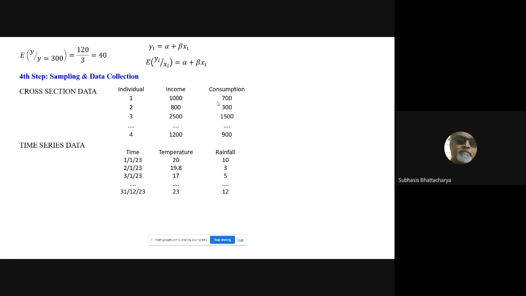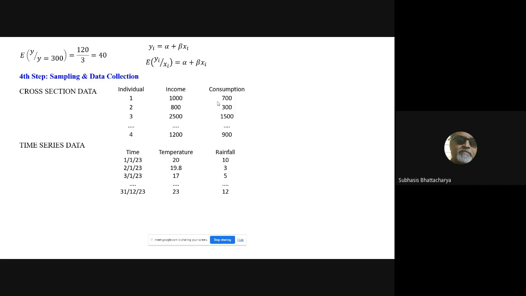And if it is a time series, that is data of some individuals over several years. So look, here in this slide, the data of a particular variable, the temperature and the rainfall. They are the 2 variables.